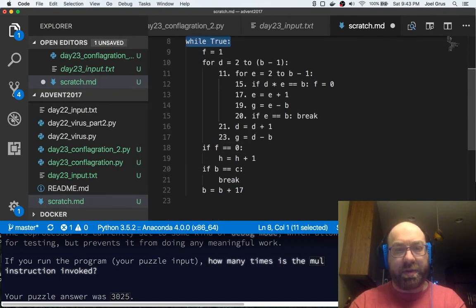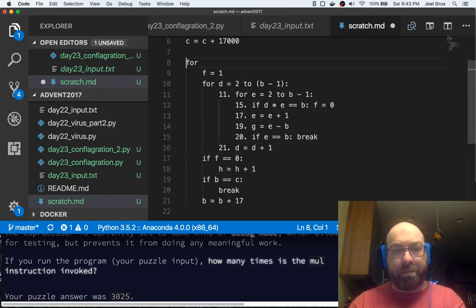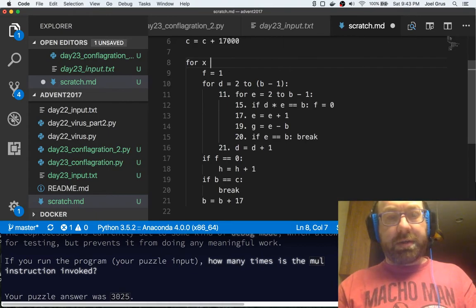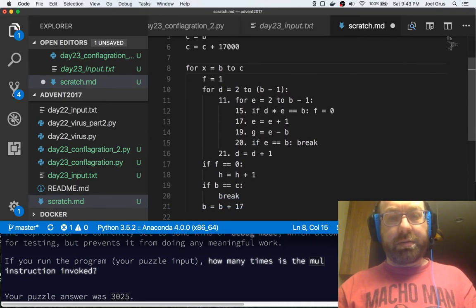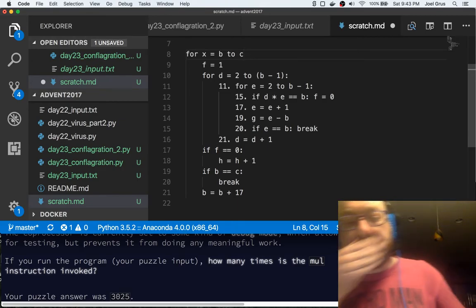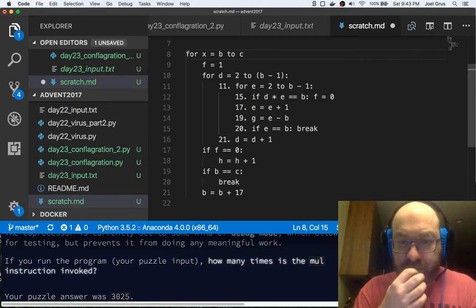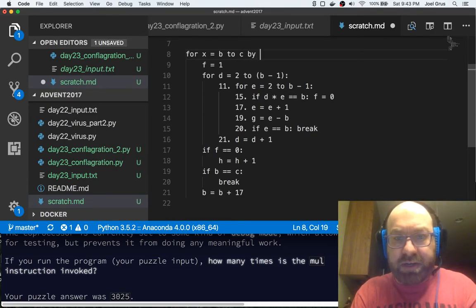And so then this is really, for I don't need this either. So for X equals B to C, by 17.